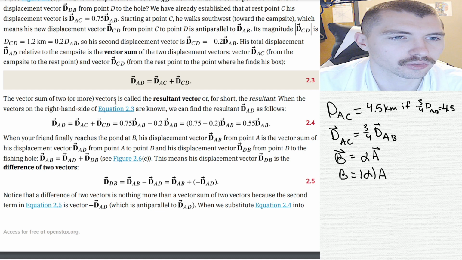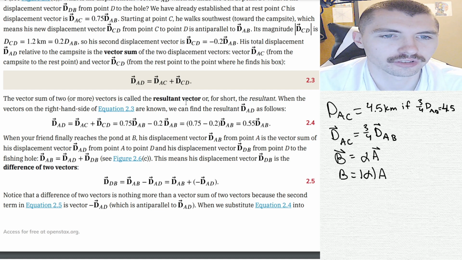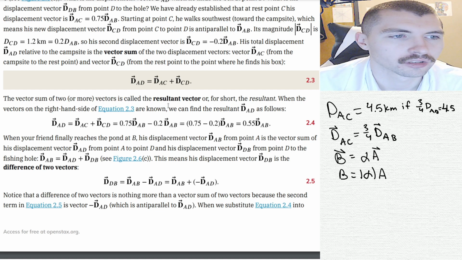Vector sum of two or more vectors is called the resultant vector. When the vectors on the right hand side are known, we find the resultant AD as follows. AD is AC plus CD. That's 3/4.